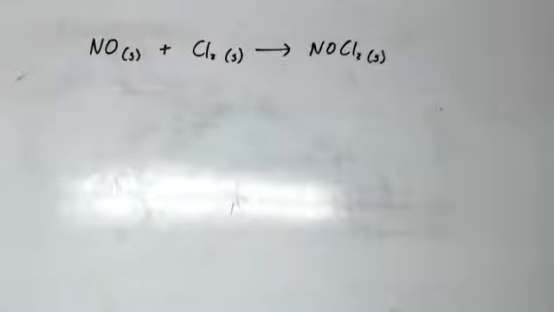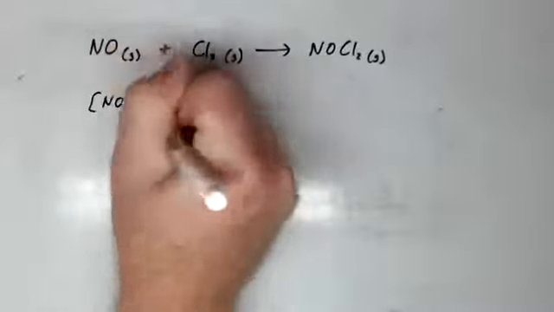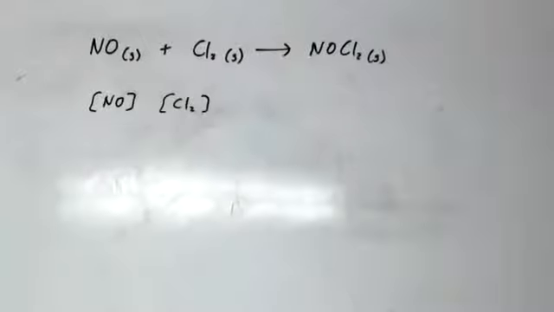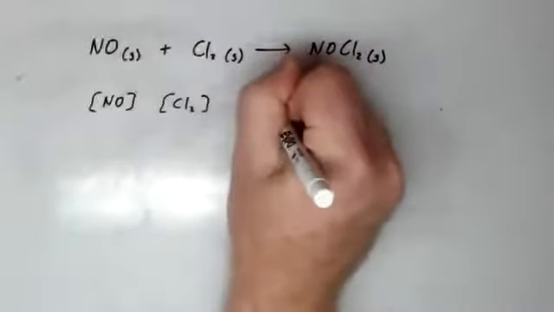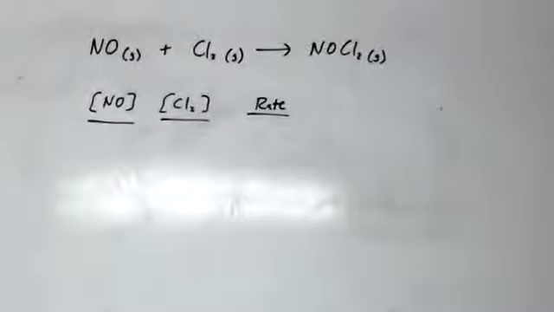What's the order of nitrogen monoxide and what's the order of chlorine? In order to figure out what order each reactant is, we're going to have to go into lab and do some experiments. So what I'm going to do here is alter the concentrations of NO and Cl2, and we're going to directly measure in lab what effect that has on the rate.